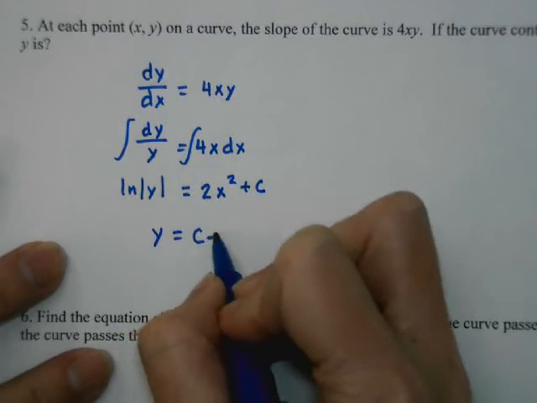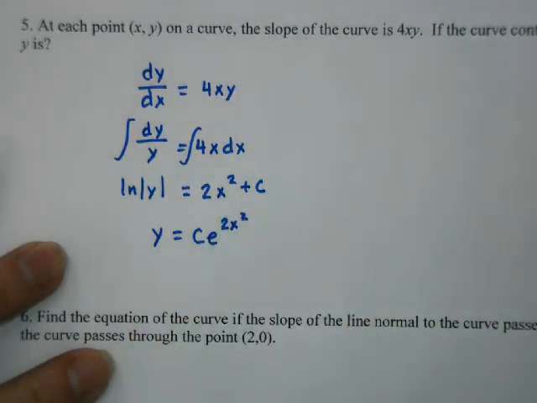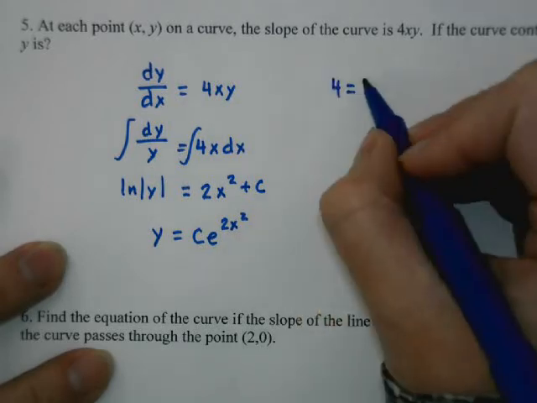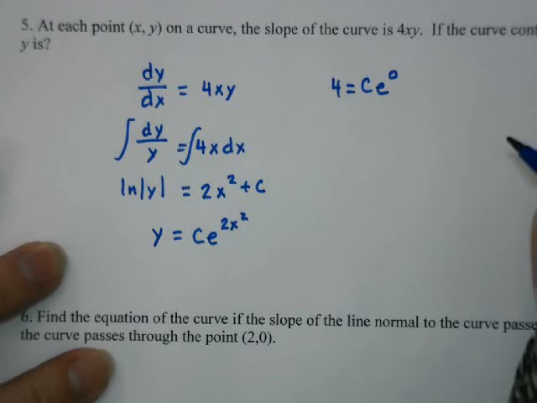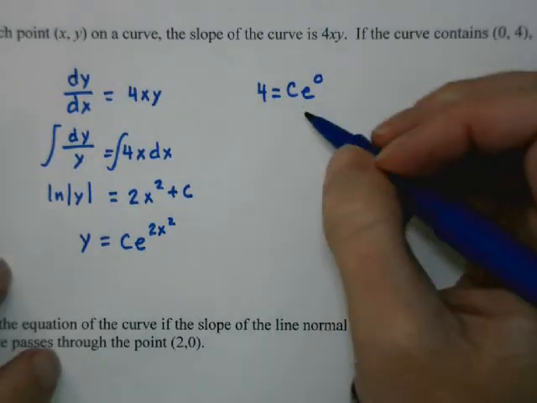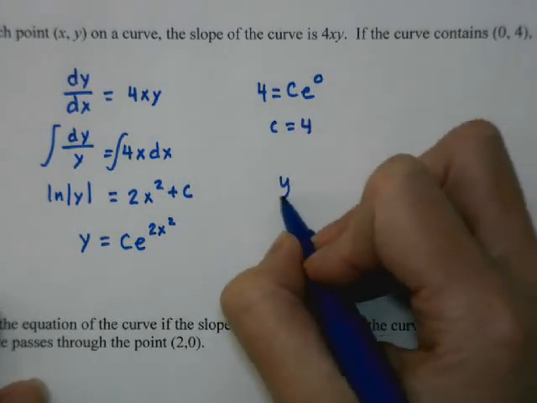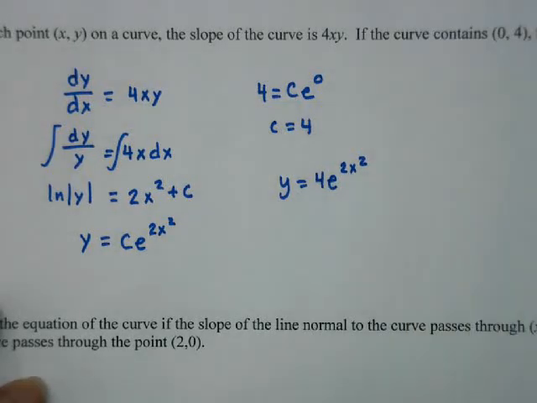So y equals c e to the 2x squared. Then we'll solve for our initial condition. So 4 equals c e to the 0, because our initial condition is 0, 4, which means our c is 4, which means our equation is y equals 4e to the 2x squared.